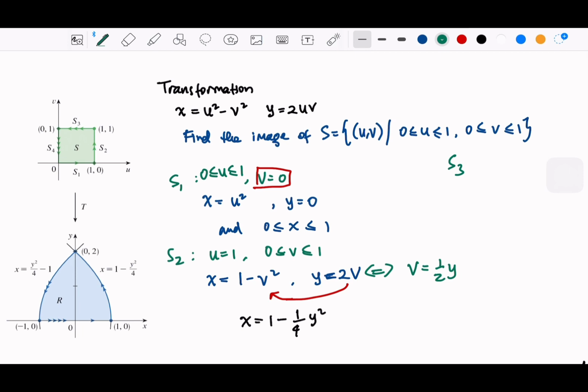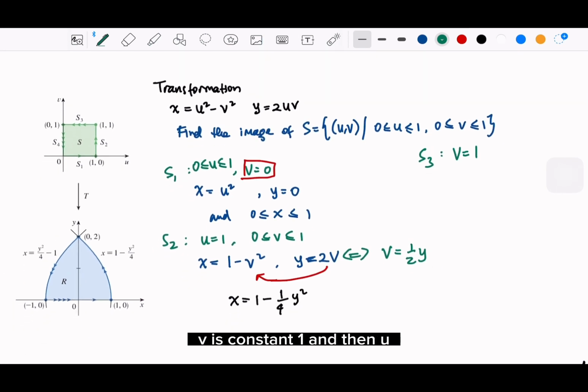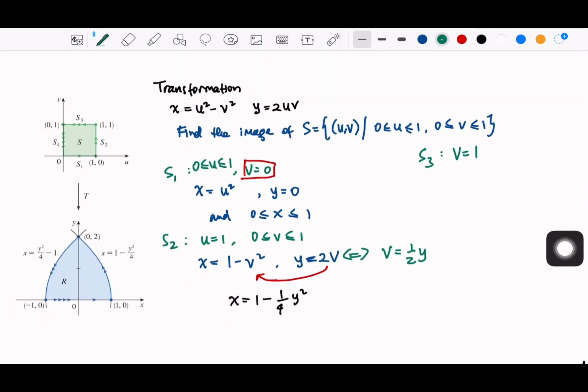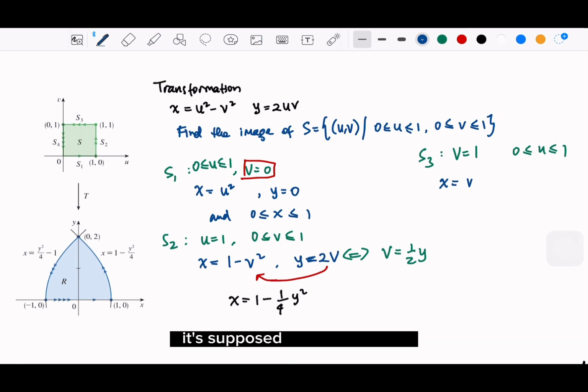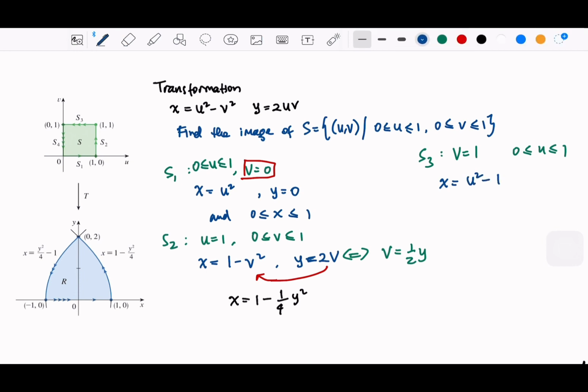If you would like to completely write all the paths, so for S3 we can move from this: V is constant 1, and then U will be from 1, or right here. So X is supposed to be U squared minus 1, okay.